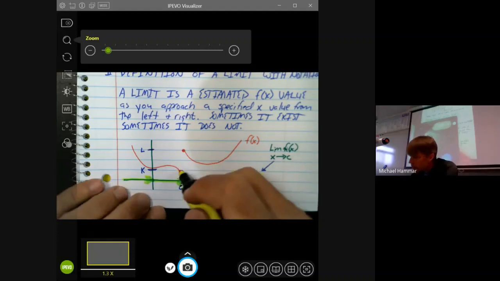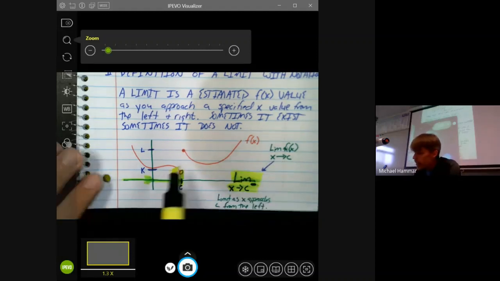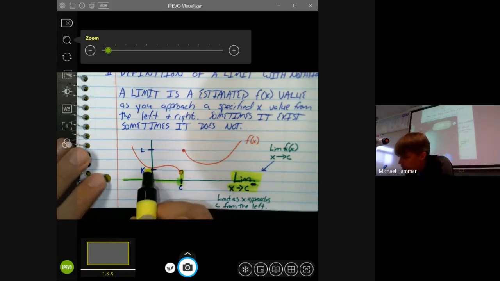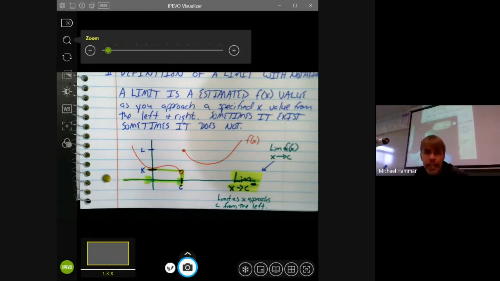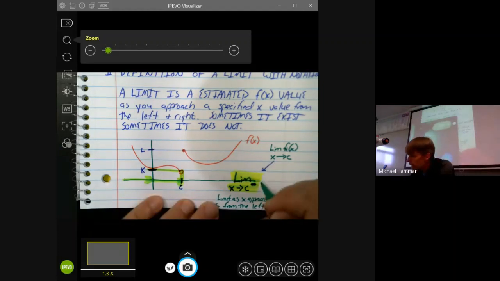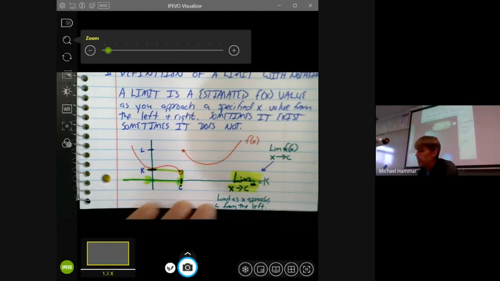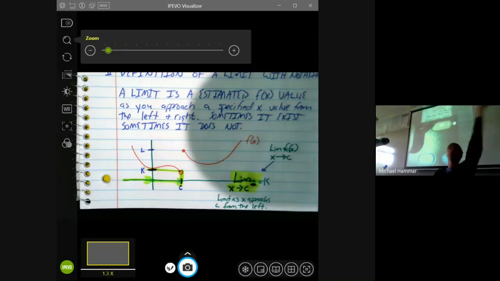The limit is the f of x value. So when I go up this way and I get closer to c, notice that the y value is k, okay? Even though there's a hole there, it's getting closer and closer to k. So I'm going to say the limit as x approaches c.